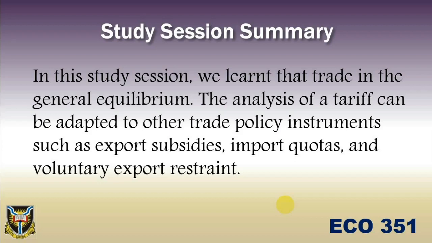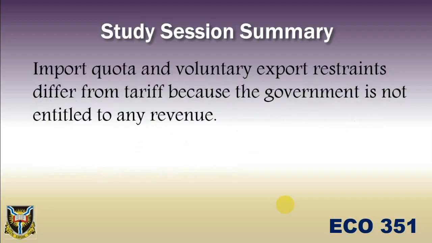The analysis of a tariff can be adapted to other trade policy instruments such as export subsidy, import quota, and voluntary export restraint. An export subsidy causes efficiency loss similar to tariff but compounds these losses by causing a deterioration of the terms of trade.